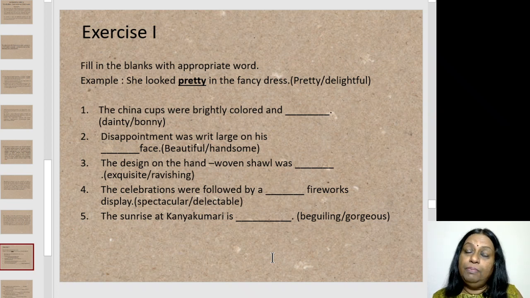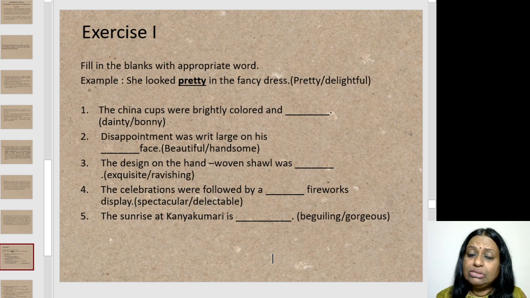Ravishing also means beautiful, but ravishing is used to describe the physical beauty of a woman, maybe. So ravishing beauty. When you're talking about a hand woven shawl, you would use the word exquisite rather than ravishing.